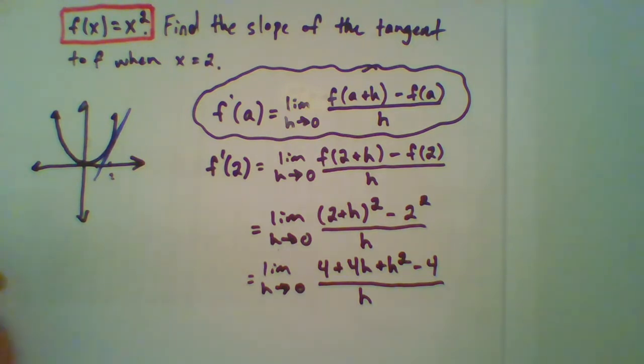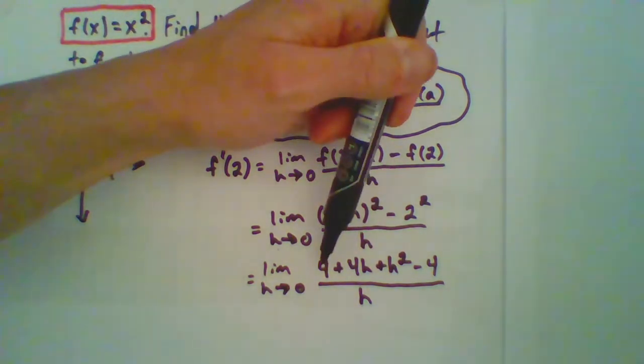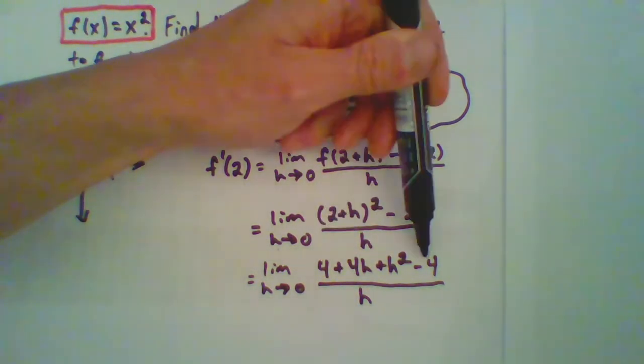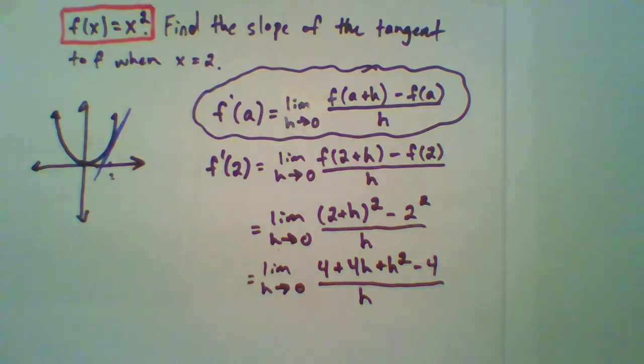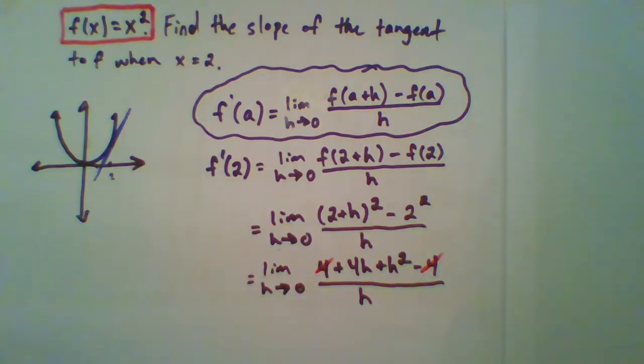Now it might not look like we're getting somewhere, but we are, and I can see that because this 4 and this negative 4 will cancel each other out, and what we'll be left with in the numerator is 4h plus h squared.